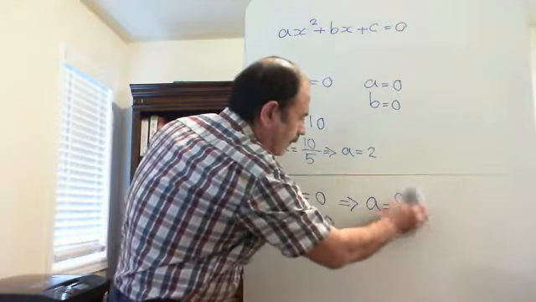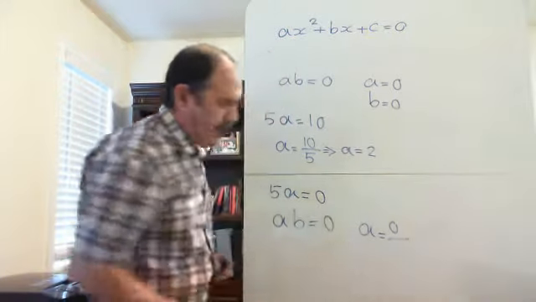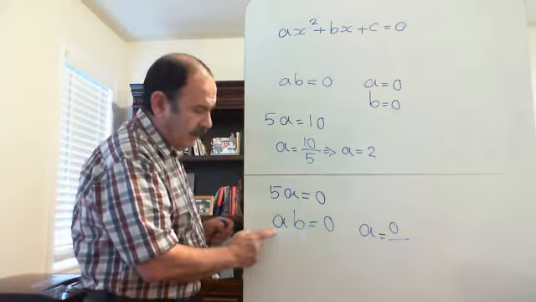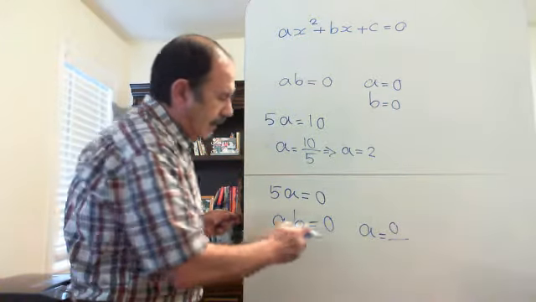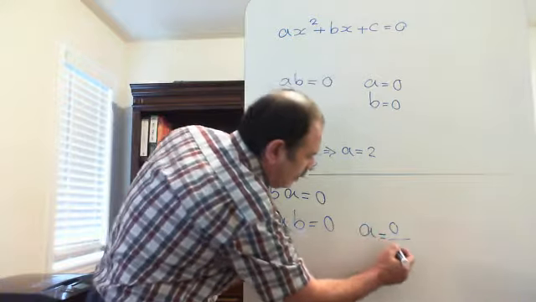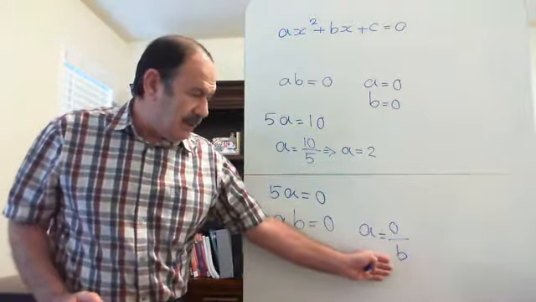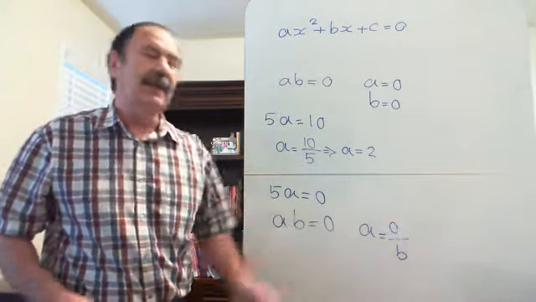Let me erase the top one to make room. Since I'm solving it for a, if I divide both sides by b, then a is going to be 0 over b. And again, as you see, b is not important in this case, because 0 divided by any number, the answer is going to be 0.